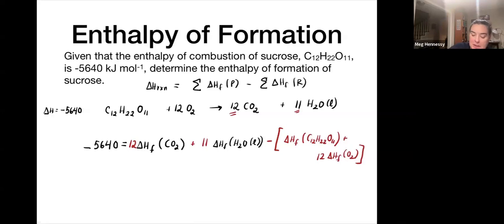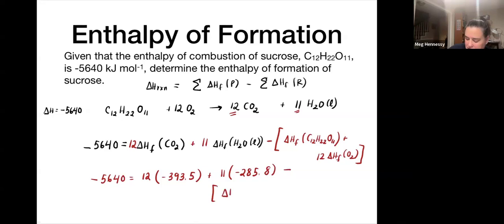So I'm going to pull out my data booklet and look up these values. And I'm going to say minus 5,640 is equal to 12 times minus 393.5 plus 11 times minus 285.8 minus, this is the value I'm actually looking for, the delta H of formation of sucrose.